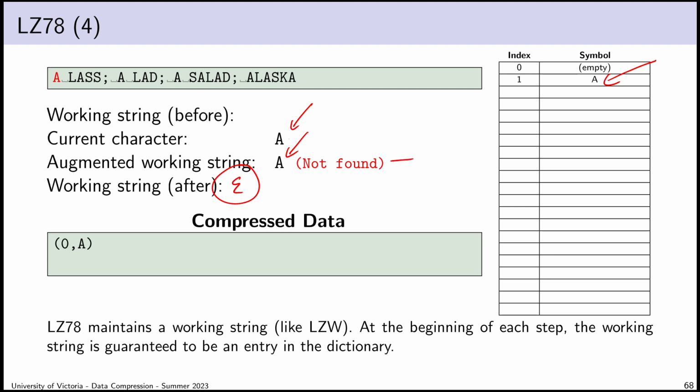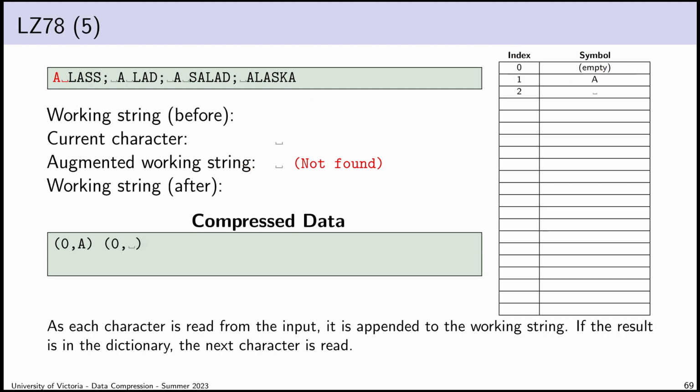If ever we reach a point where the augmented string is not found, the working string is reset to be completely empty. Now contrast that to LZW, where we reset the working string to be only one character long. We don't do that here. We reset the working string to be empty, which guarantees that the working string will be in the table, because we know the empty string is always in the table. And then at each step, we emit a pair consisting of the old working string.